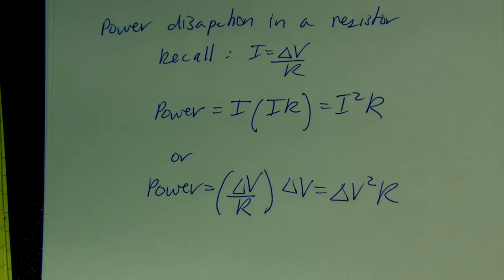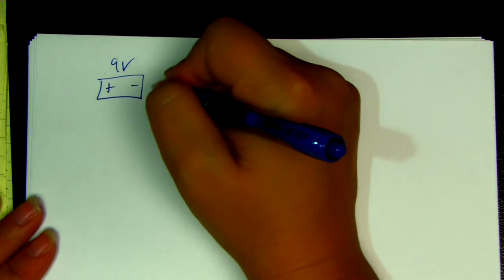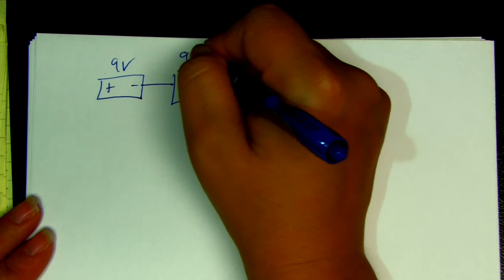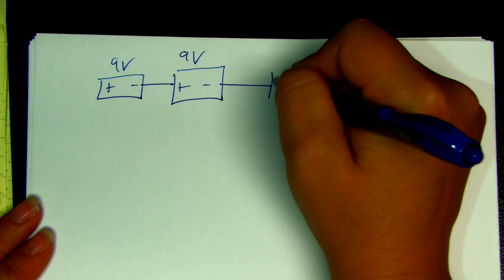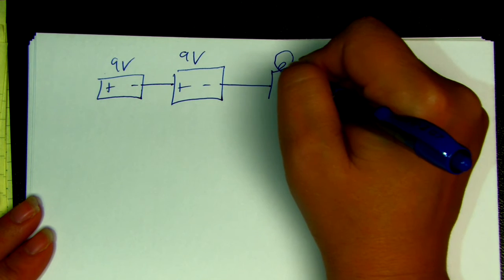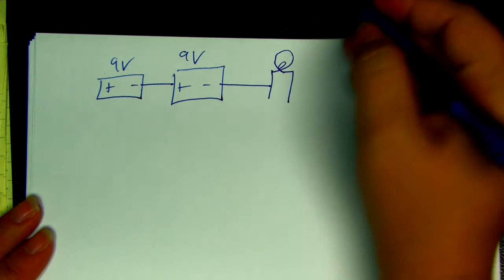Okay, so let's analyze a circuit with all of the information that we know. So in this circuit, we have two 9-volt batteries. We have a light bulb.